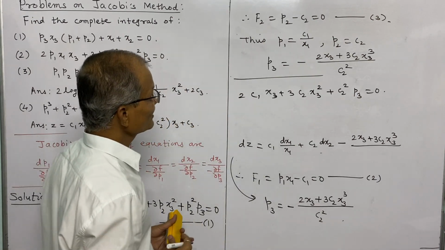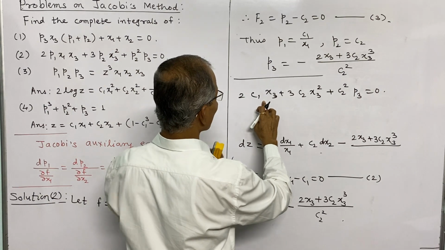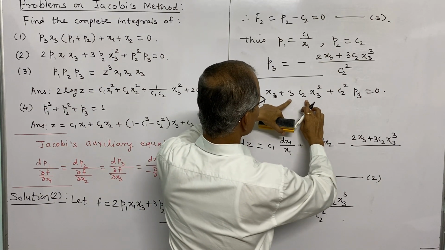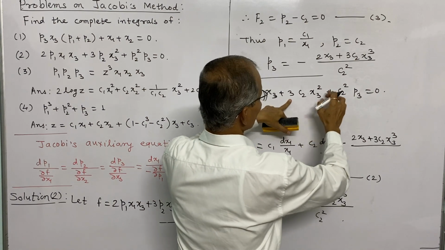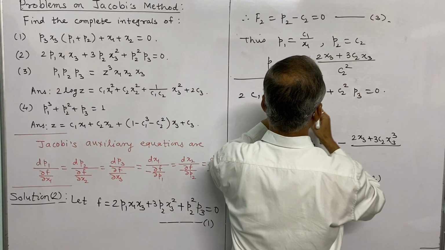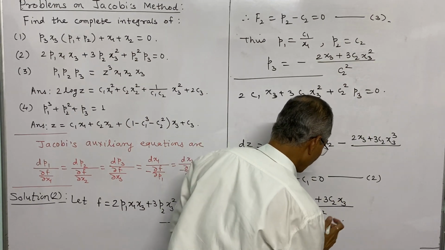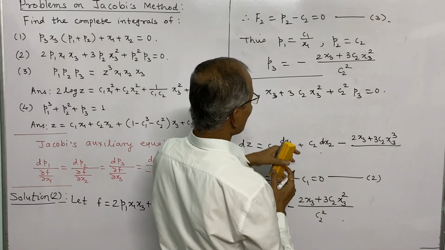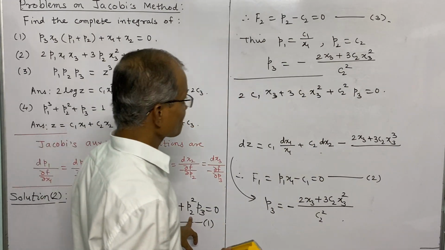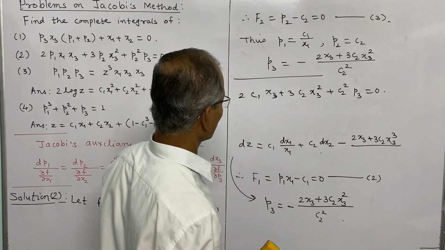And we see what is p3. p3 is negative. This is 2x3 and 3c2 x3 square. It must be x3 square. So it is to be corrected, x3 square, and yes, x3 square, and rest is now alright.